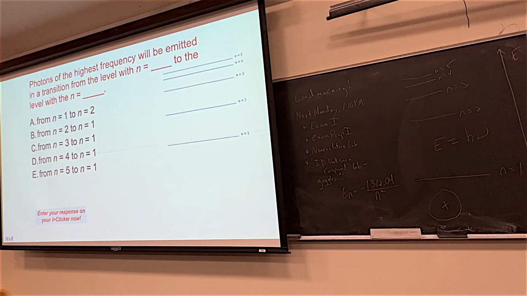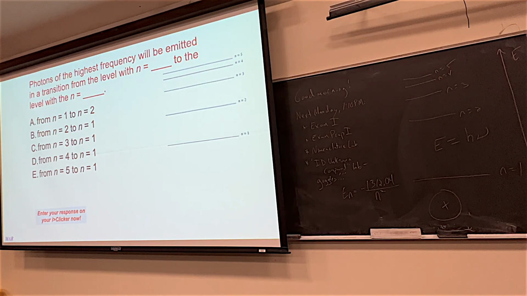I see a lot of thinking on this question, which is really cool. So in these diagrams, this is an energy axis. The biggest energy would be the biggest arrow going from top to bottom, and the smallest energy would be the smallest arrow. And that's important because energy equals h nu, where nu is the frequency. So if you want the highest frequency, you want the highest energy.